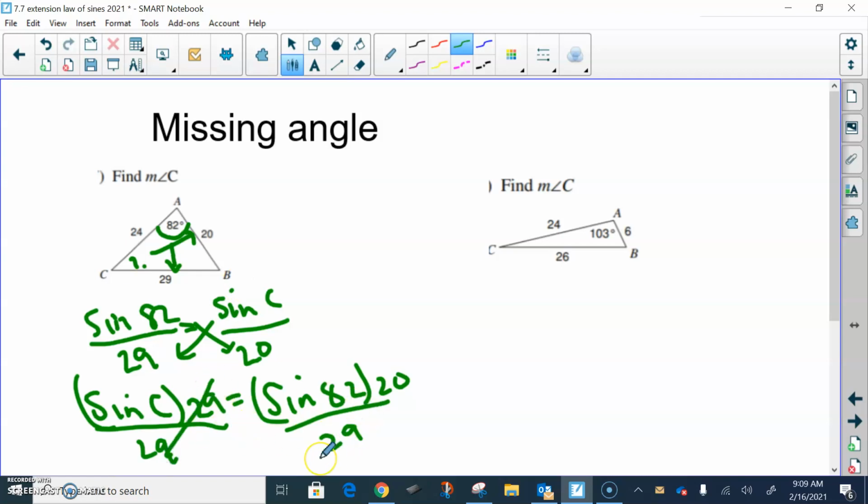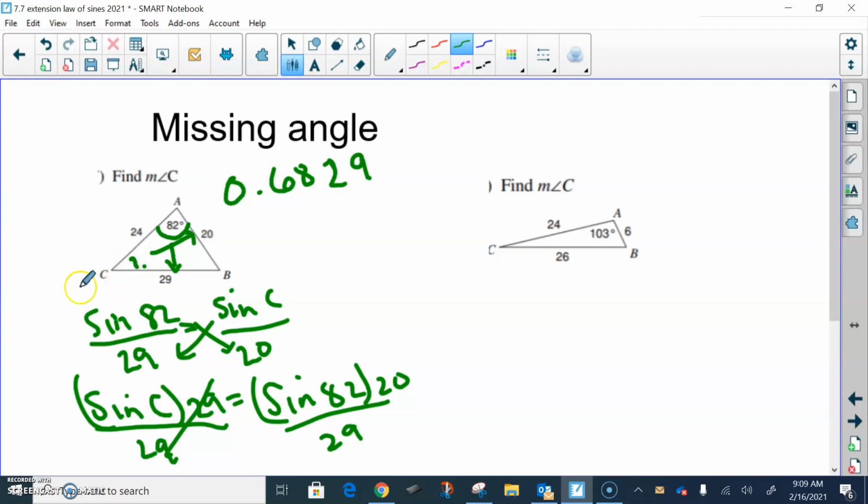Boom. All right, now I'm ready for my calculator. So I say sine of 82, close parenthesis, times 20, divide by 29, and I get 0.6829. And you know that angle is not 0.6829.